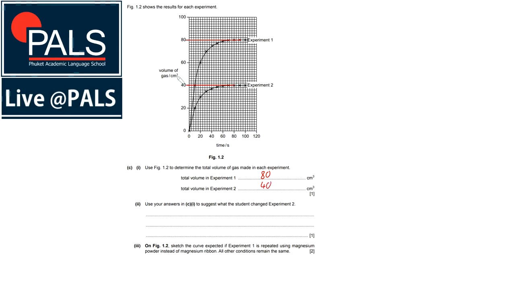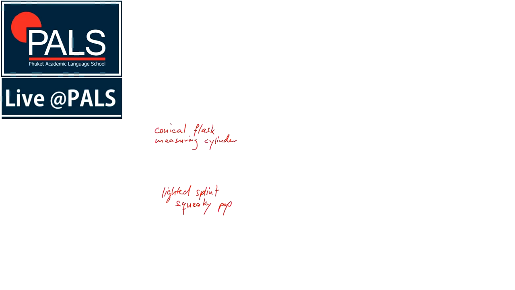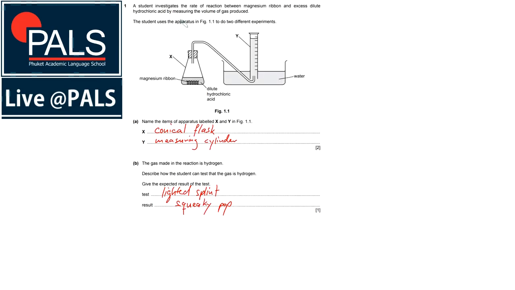Now always have a quick look at the units. If that matches as well, that's fine here. So 80 and 40 centimeter cube. Use your answers in part C(i) to suggest what the student changed in experiment 2. So let's go back quickly and have a look at what the experiment exactly was. The student investigates the rate of reaction between magnesium ribbon and excess dilute hydrochloric acid. So hydrochloric acid is in excess, which means all of the magnesium will react and some hydrochloric acid will be left over at the end of the experiment.